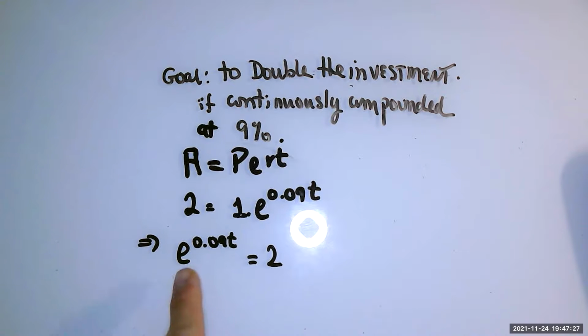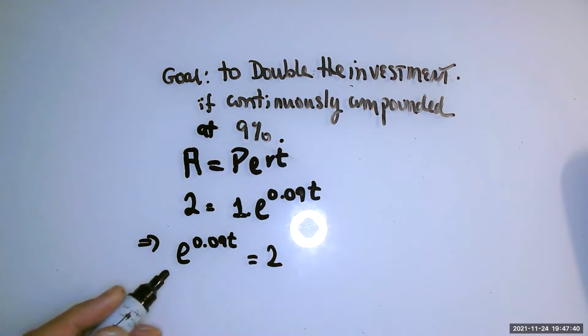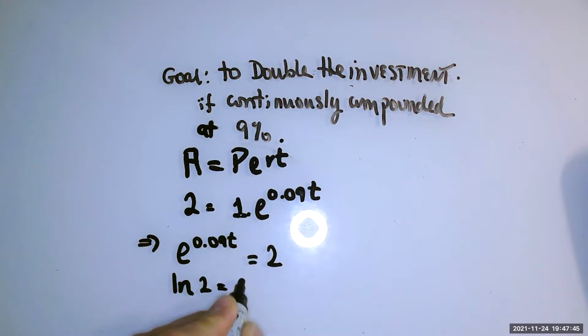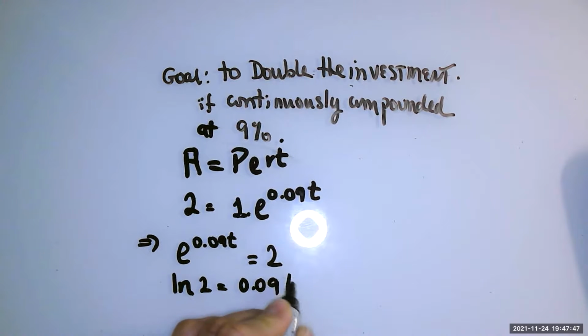So now what do we have? e raised to the 0.09t equals 2. So we just ended up with an exponential equation. And we know that with an exponential, we change to log. In this case, it has to be log base e, namely ln. ln of 2 equals 0.09t.